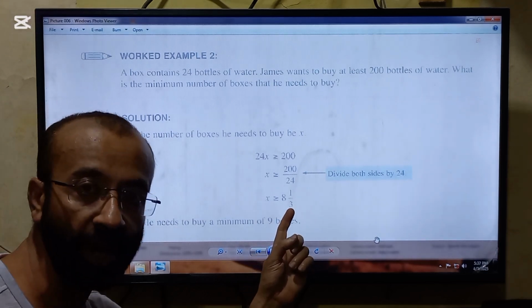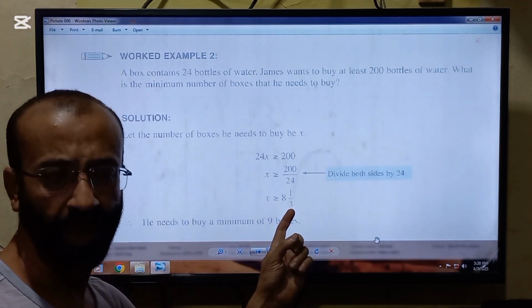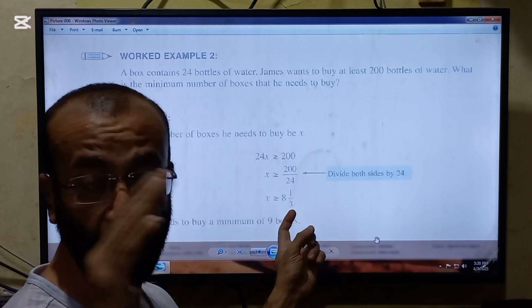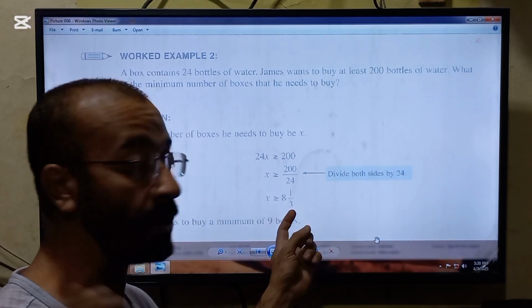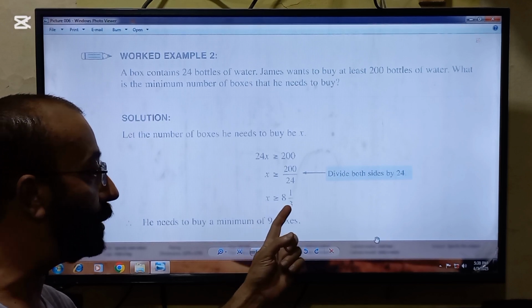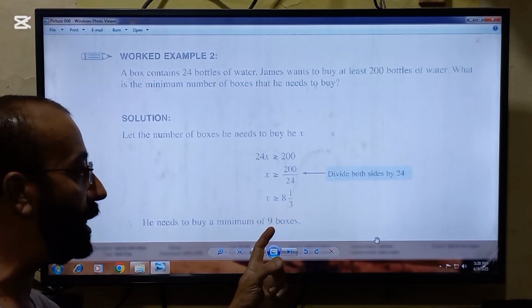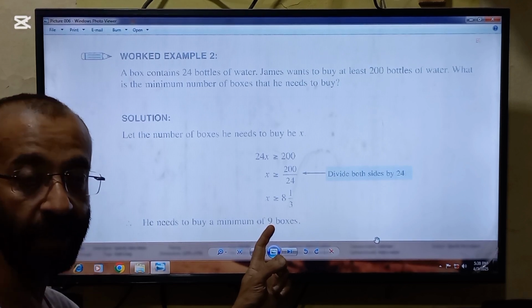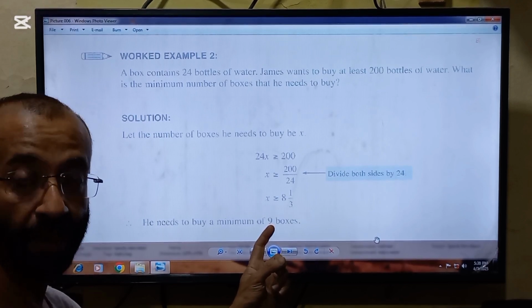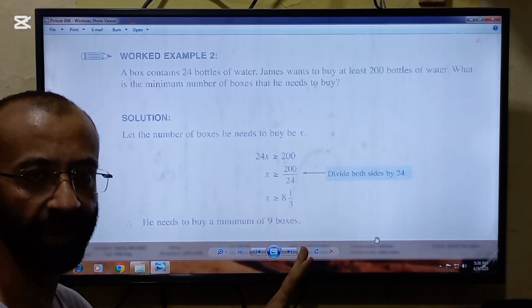So this is not a full box, because the answer is now 8 whole number 1 by 3. 8 is a box, 9 is a box, 10 is a box, but this is not a box. So if the inequality is now here, that is 8 whole number 1 by 3, there will be at least or minimum 9 boxes. We have to purchase 9 boxes. We cannot purchase 8 boxes, because the inequality is not satisfied with this.